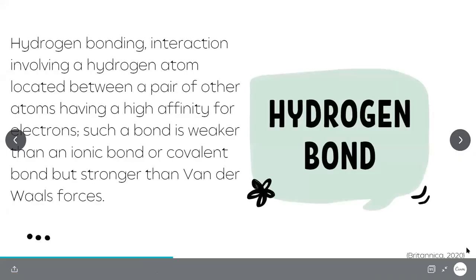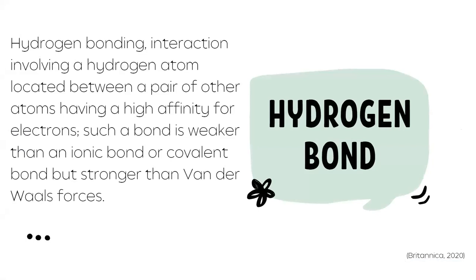Hydrogen bond is an interaction involving a hydrogen atom located between a pair of other atoms having a high affinity for electrons. Such a bond is weaker than the ionic bond or covalent bond, but stronger than the van der Waals.